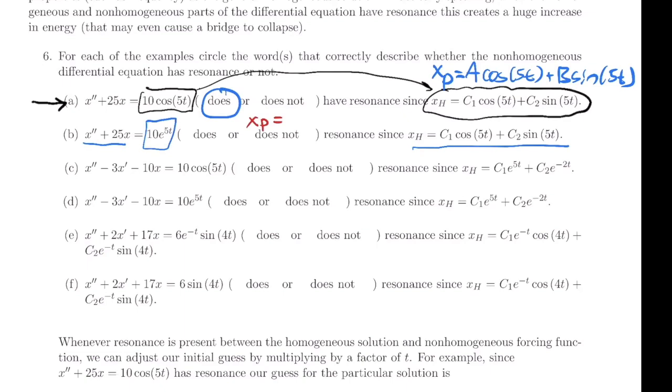So what did we say would be good guesses if a forcing function is exponential? The e to the 5t. Yeah, we would guess something similar.